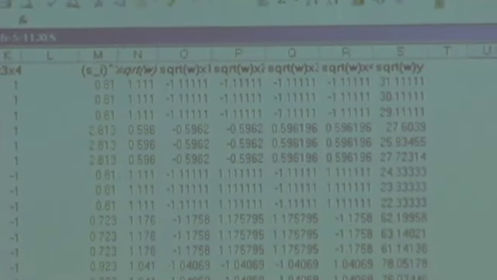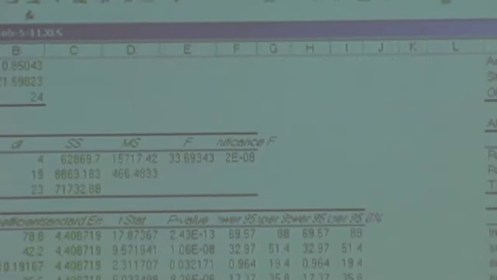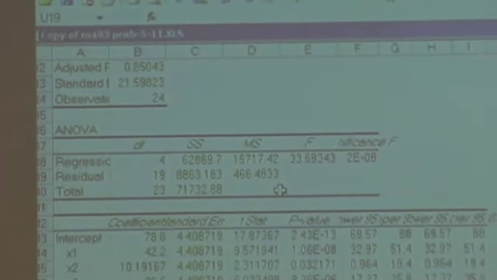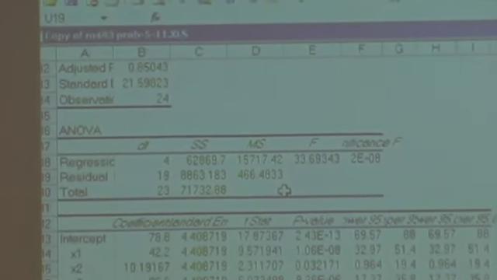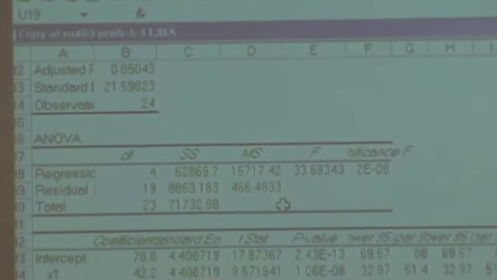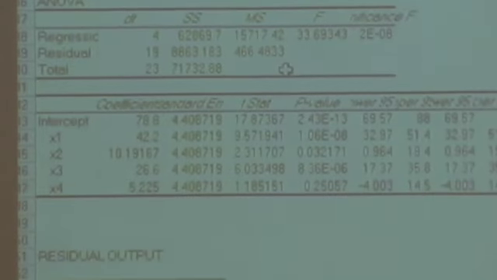Okay. And so what did I have here? Here was the multiple regression x1, x2, x3, x4. The total residual sum of squares was 8863. So our SS res was 8863.